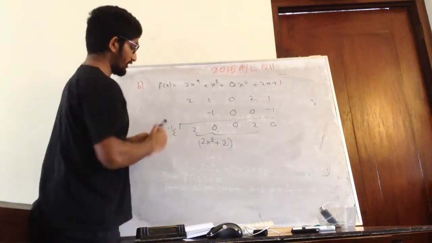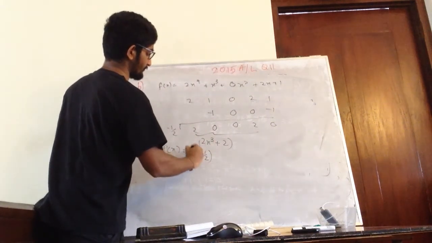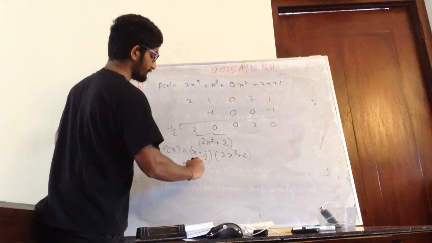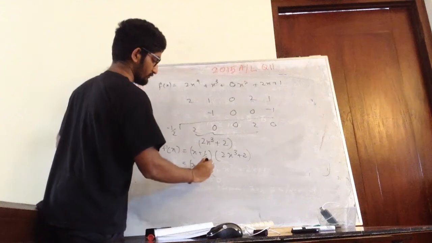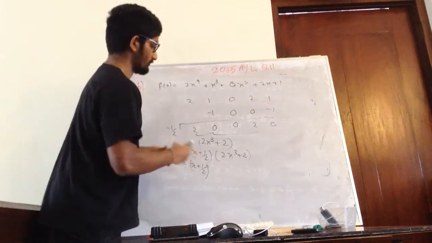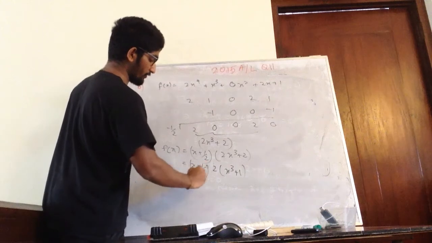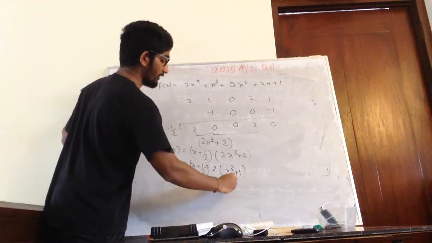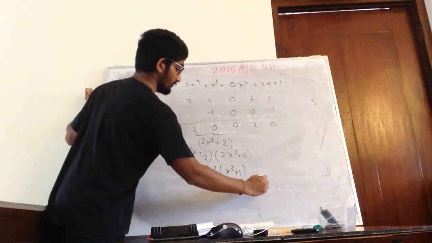So then f(x) we can rewrite as (x plus half) times (2x cubed plus 2). I'm going to take 2 out: x cubed plus 1. So the 2 comes here, (2x plus 1), and this is going to be (x plus 1)(x squared minus x plus 1).